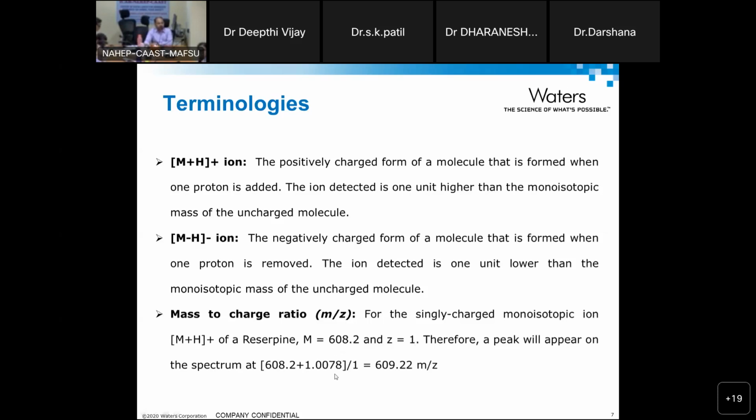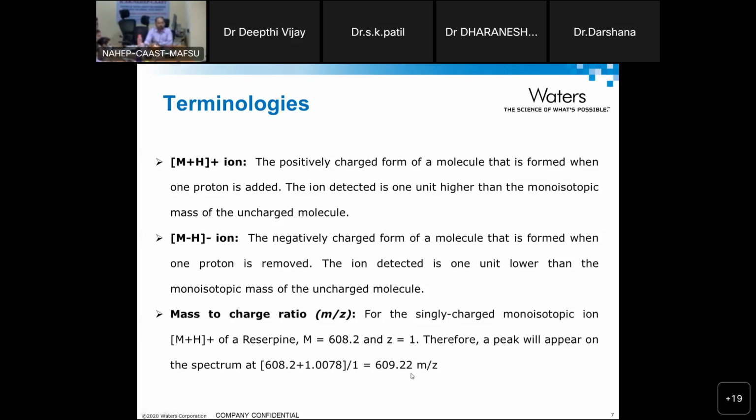Therefore, the peak will appear on the spectrum at 608.2, which is the neutral mass of the compound, plus 1 for the hydrogen because we are adding one proton, divided by total number of charges. Z, that is charge, is 1. Okay, so it is 609.22.